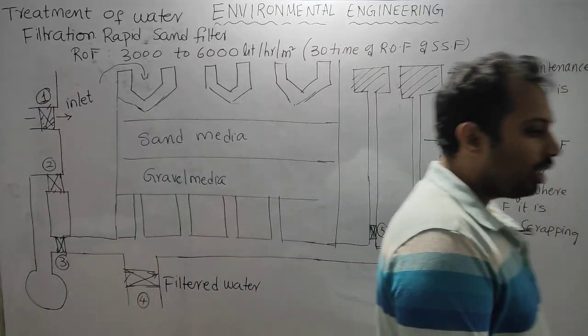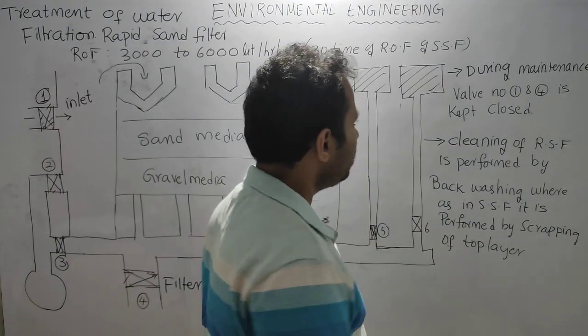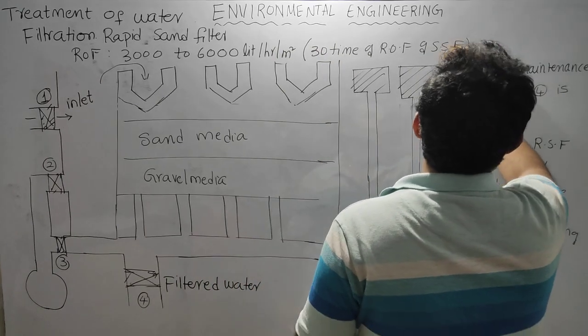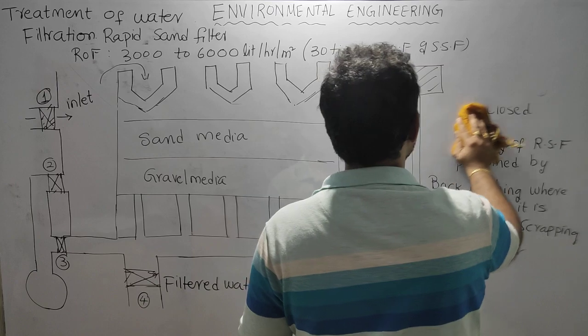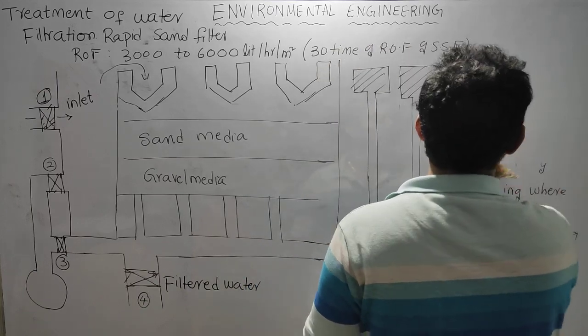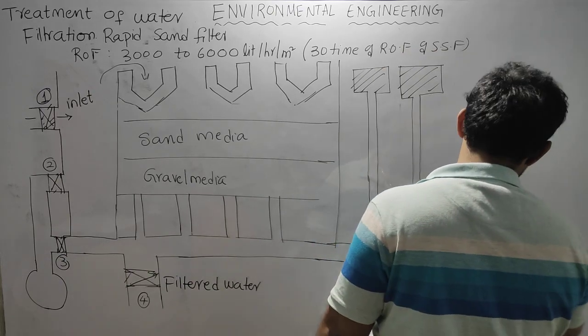During the backwashing process, we keep valve number 1 and valve number 4 closed, and we open the backwashing valves, that is valve number 5 and valve number 6. Again, backwashing is of two types: one is high velocity backwash and another one is slow velocity backwash.